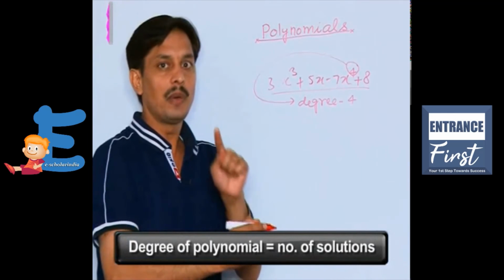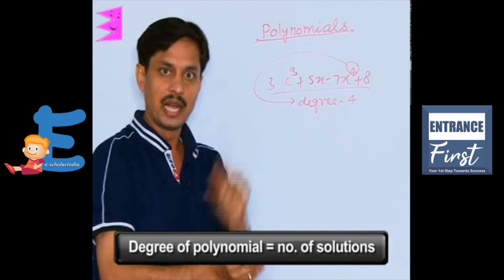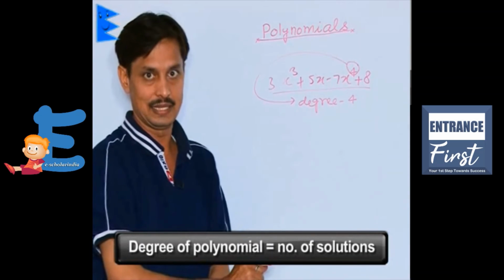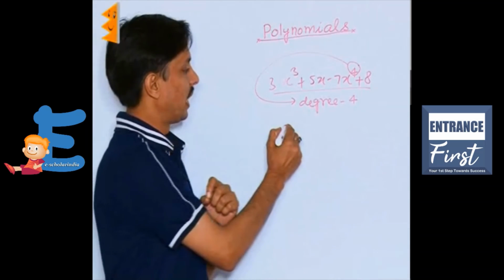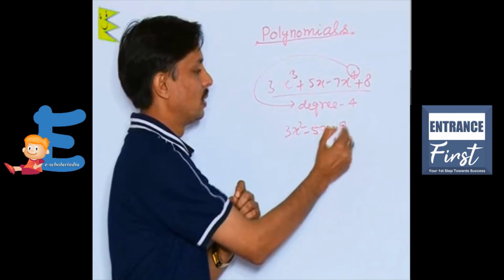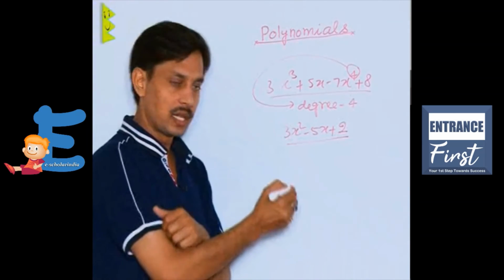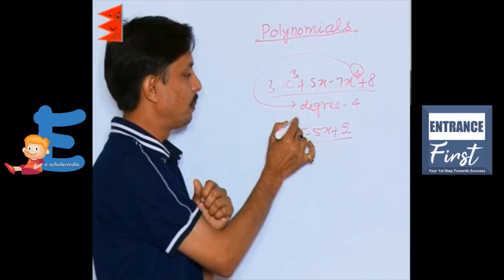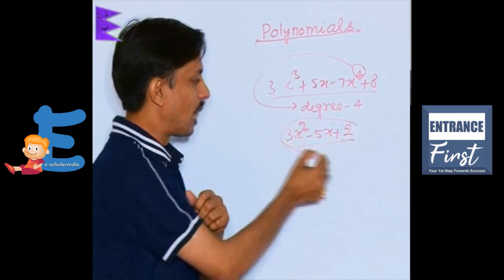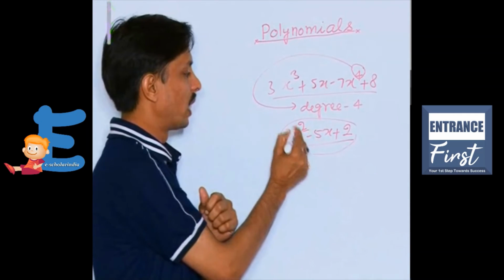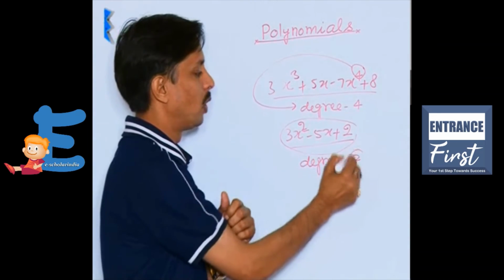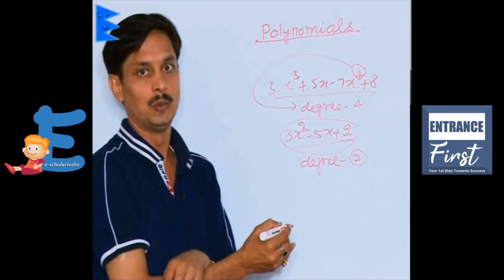Whatever the degree of a polynomial, that many solutions in all the polynomial has. Suppose I write a polynomial like 3x square minus 5x plus 2. The highest power here is 2, so the degree of this polynomial is 2.